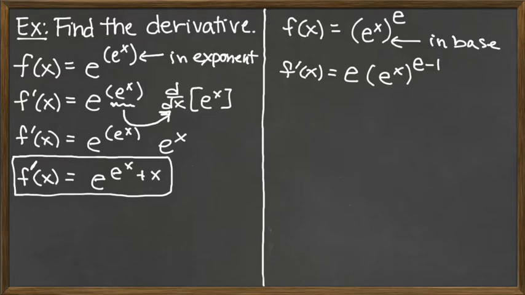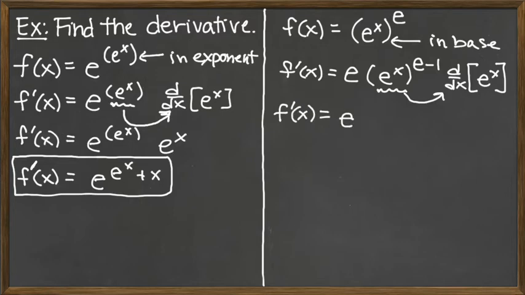Now we're not done at this point because the inside function, the base, wasn't simply x, the base was a function of x, and so we have to use the chain rule to finish it off. So we've got the derivative of the base, the derivative of e to the x. So we have f prime of x equals e times e to the x raised to the e minus 1, and then we have to multiply by the derivative of e to the x. The derivative of e to the x is itself, and so that completes our derivative.